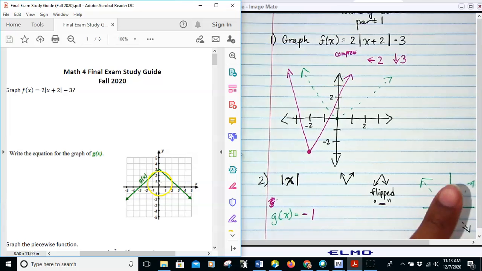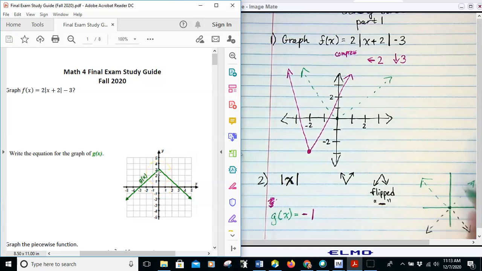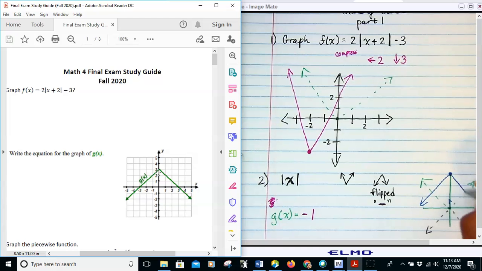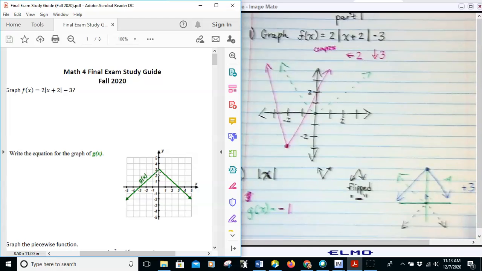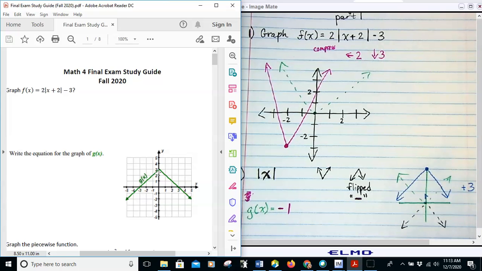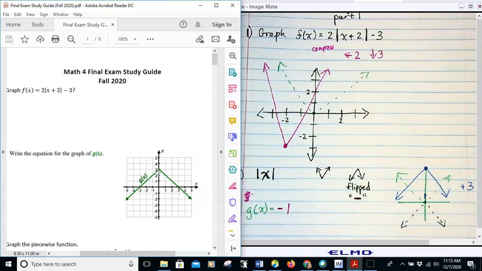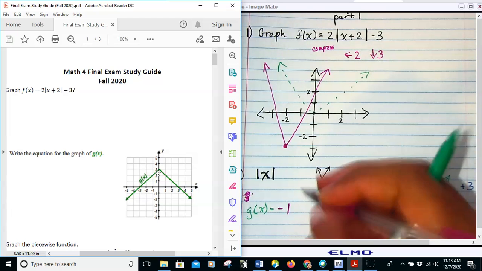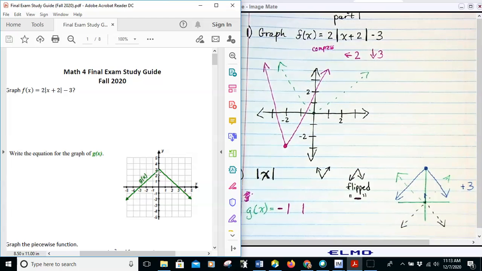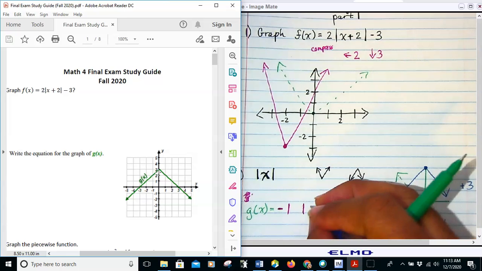So it went up 1, 2, 3. And it still flipped down. So that means it went up 3, so it's a positive 3 here. So we automatically know on the outside, because remember, outside is the part that goes up or down, that's a plus 3 there.